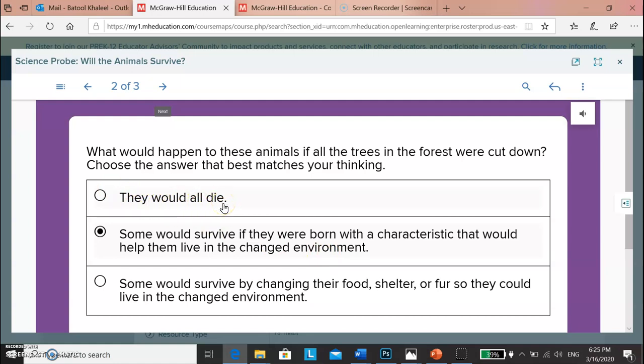They will find a way to survive, and it's not easy at all for animals to change their food or to change their shelter or to change their fur. It's not easy for animals to change any of these. So, this is the correct answer. This is in page number 5, unit number 3.